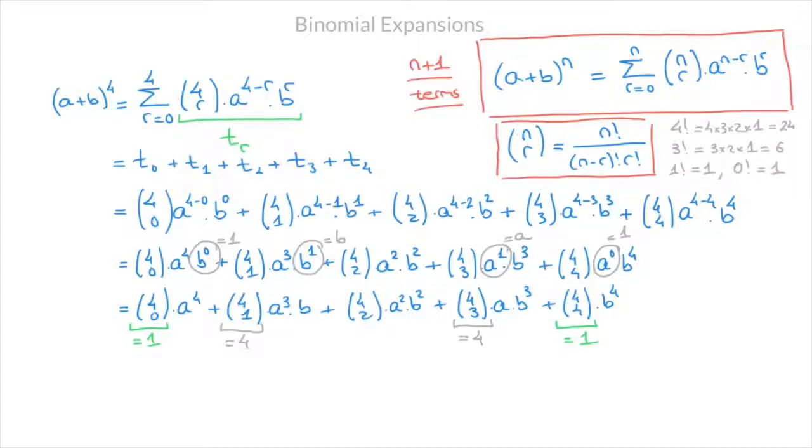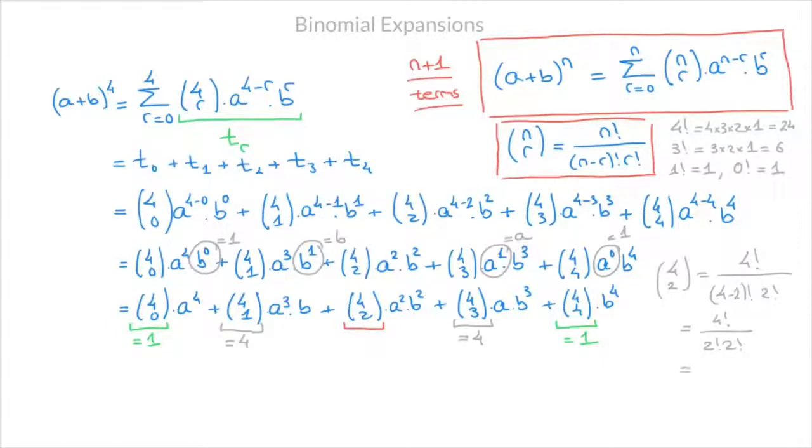So looking at this, the only binomial coefficient that we really need to calculate is this middle one that we have here, the binomial coefficient for 2. And I'll do that on the right-hand side here. The binomial coefficient (4 choose 2), using the formula that we have here, equals factorial 4 over factorial 4 minus 2 times factorial 2. And that's equal to factorial 4 over factorial 2 times factorial 2.